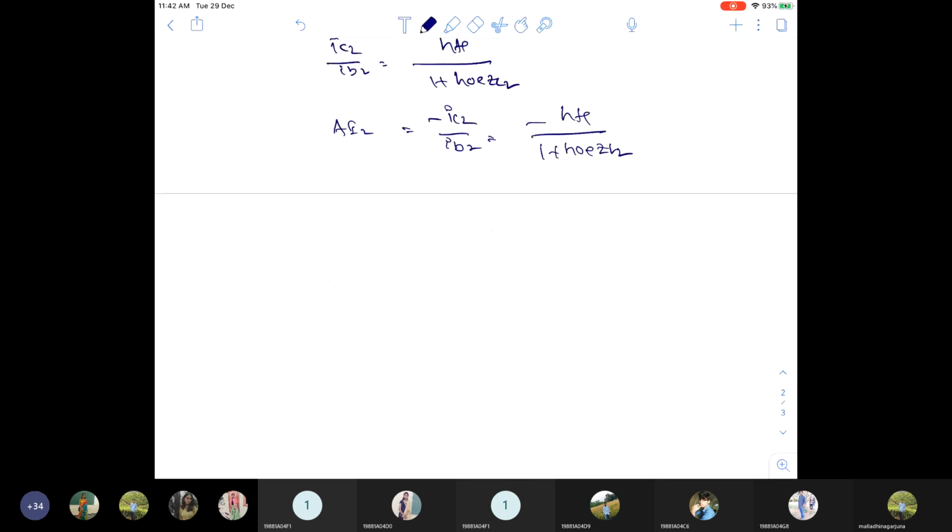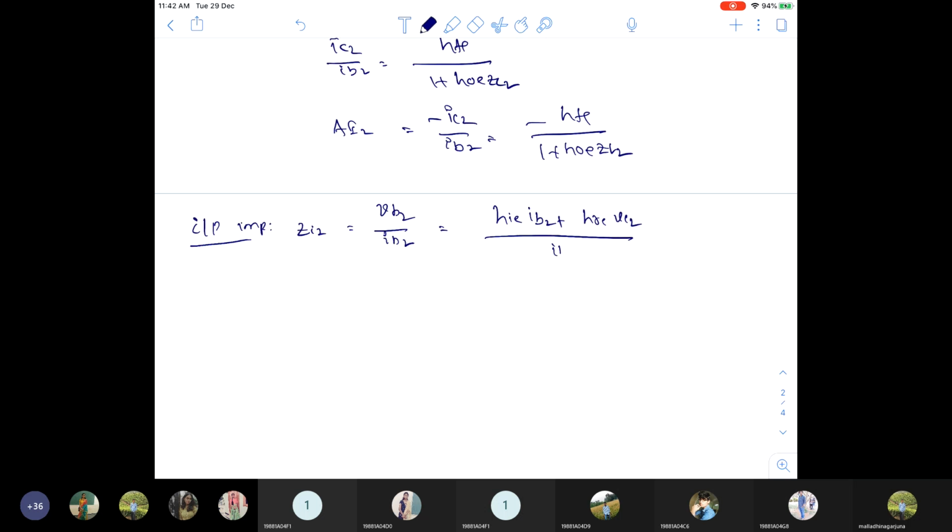So now let us go to the next one. That is the input impedance of the second stage. Zi2 is nothing but VB2 by IB2, where VB2 is HIE IB2 plus HRE VC2.